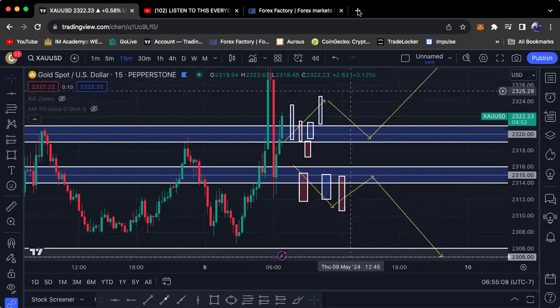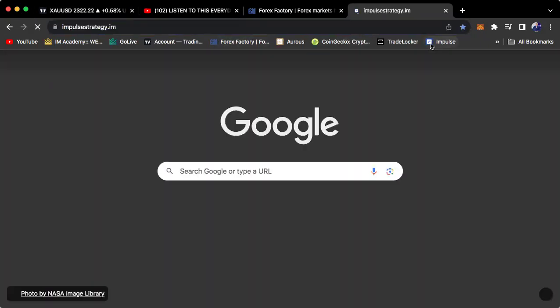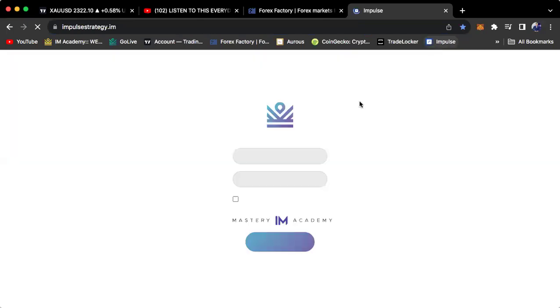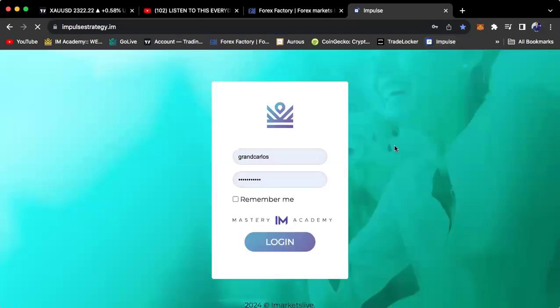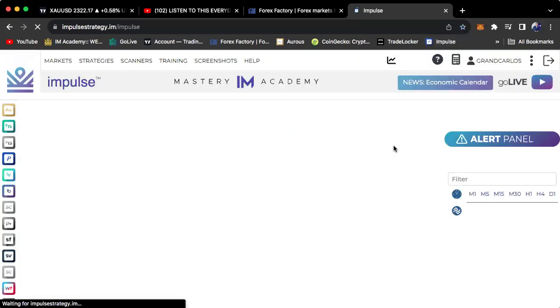All right, and then you can use impulse. I like to use the impulse scanner for double confirmation. Just see what impulse is telling me.